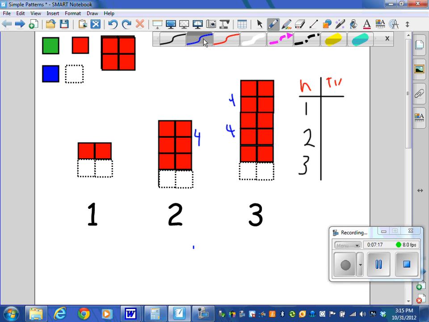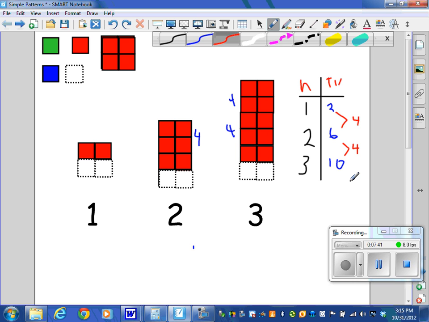And if I record those values in the table of values, I've got 2 for my first term. I've got 2 plus 4 is 6 for my second term, and then I've got 2 plus 4 plus 4, which is 10 for my third term. So you can see that I'm skipping by those 4 red blocks each time.